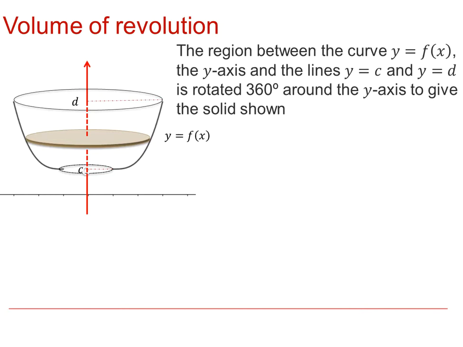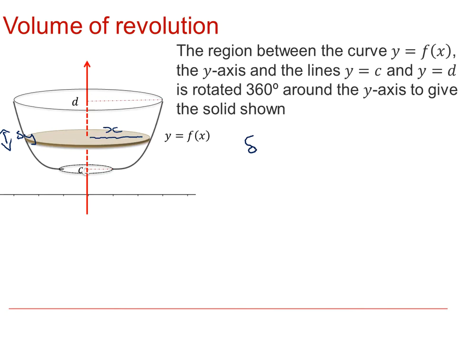We are still going to get a collection of cylindrical discs that will need to be summed to give the volume. However, these will be stacked vertically rather than horizontally as in the previous video when we rotated around the x-axis. In this instance, you can see that the height of the cylindrical discs will be delta y, and that the radius of the discs will be the x value.